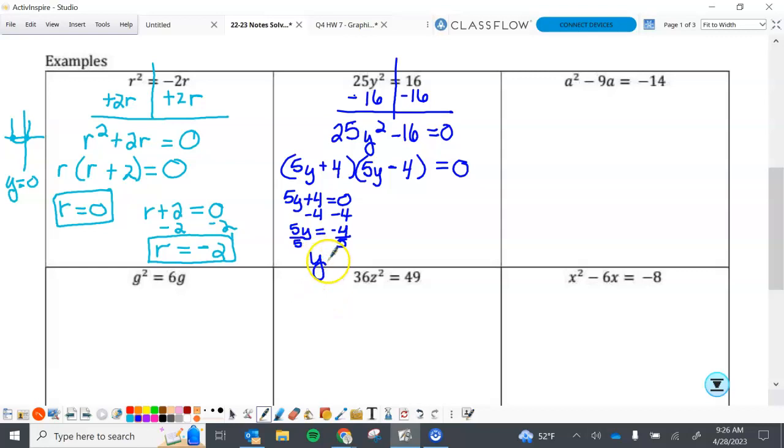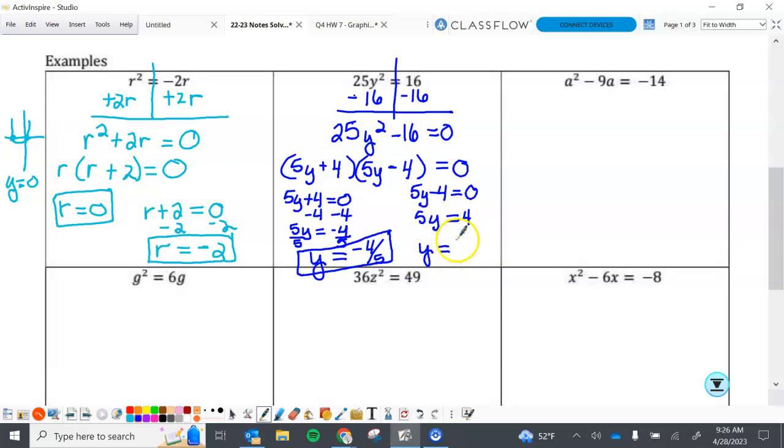We'll get a y value that's equal to negative 4/5. That's one solution. And we'll have to do the same for our other factor. So we have 5y minus 4 equals 0. We're going to add 4 to both sides and divide by 5 on both sides.